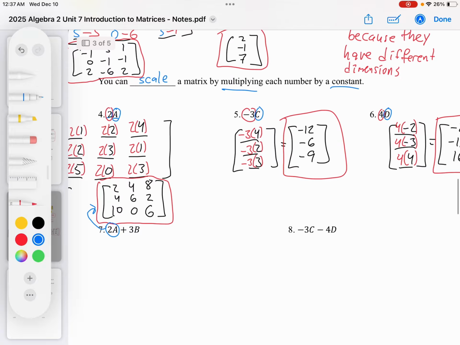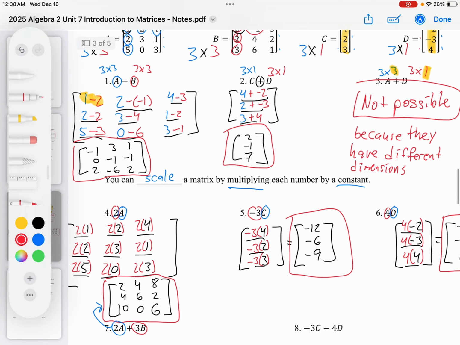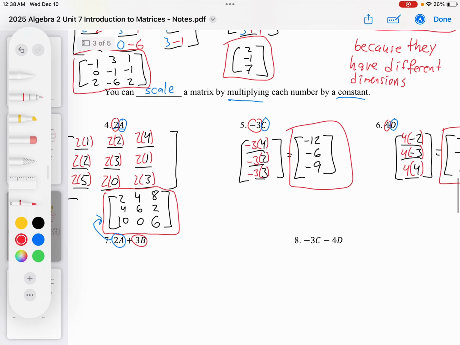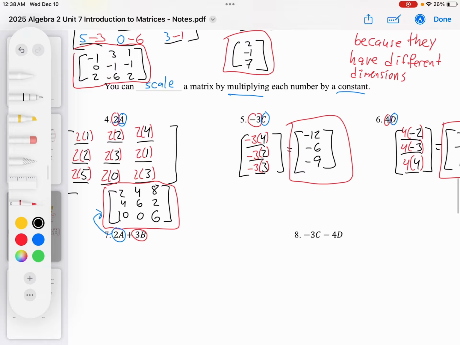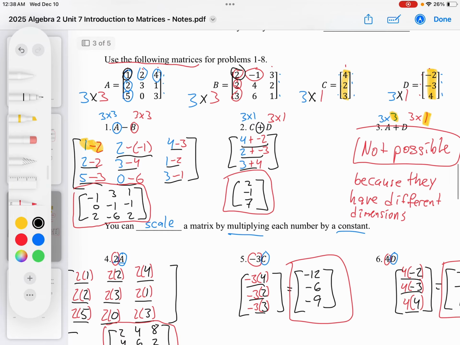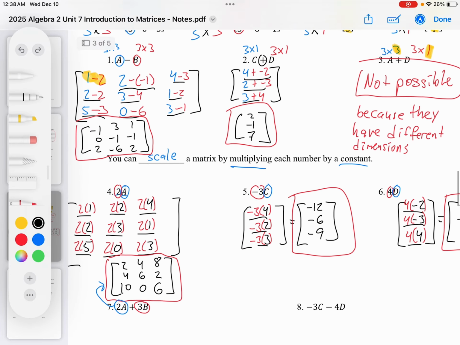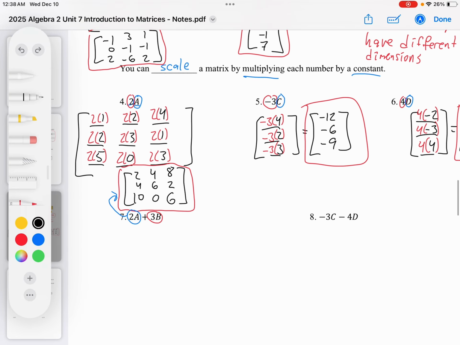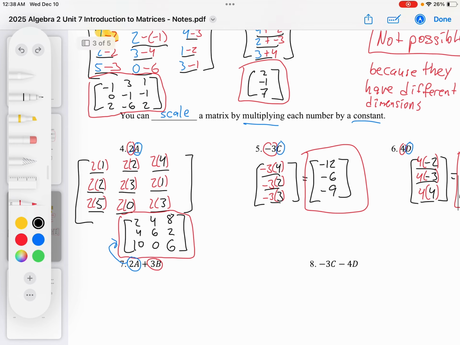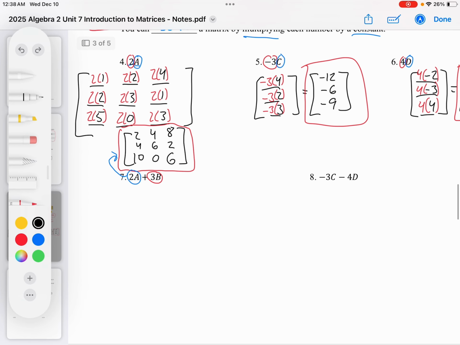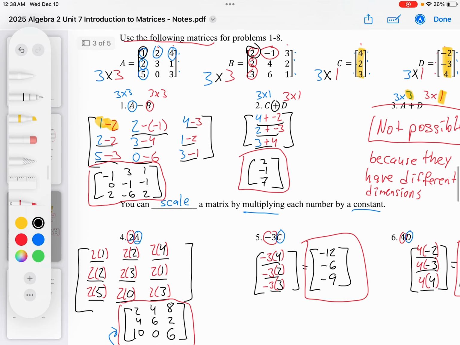We do need to find 3B, though. We need to take that matrix B and scale it by 3. So I'm taking matrix B from up top here. I know you won't be able to see it, but I will be writing it down on the paper again. Matrix B looks like it is 2, 2, 1, I believe.